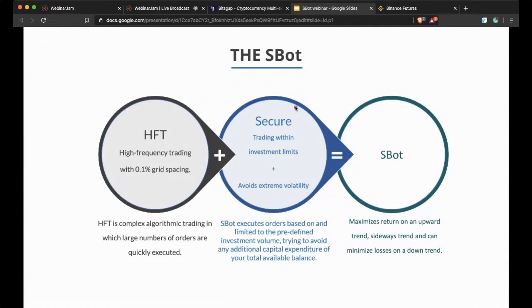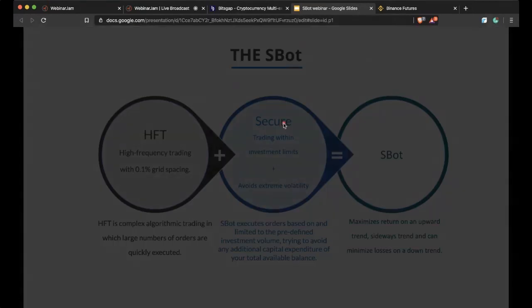I mean, it trades within the investment limits, so it is designed to maintain the investment limit so that it wouldn't consume an additional deposit on your balance.